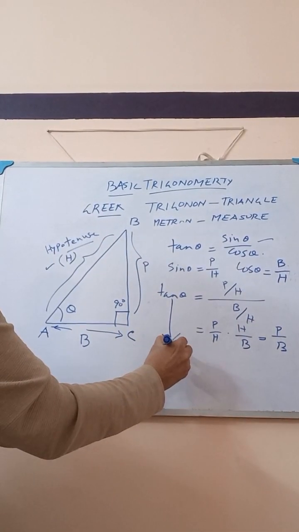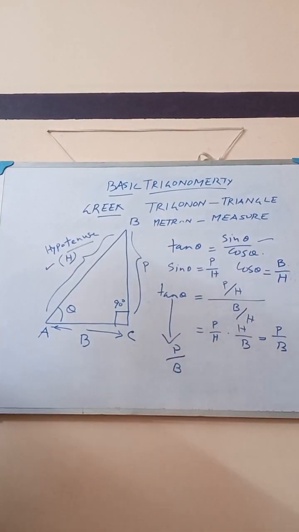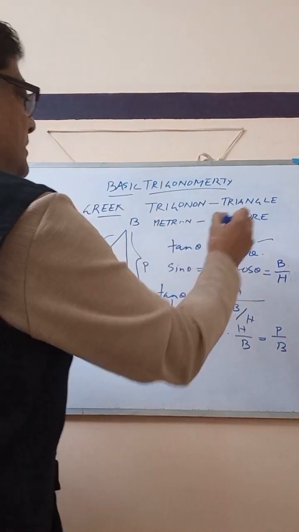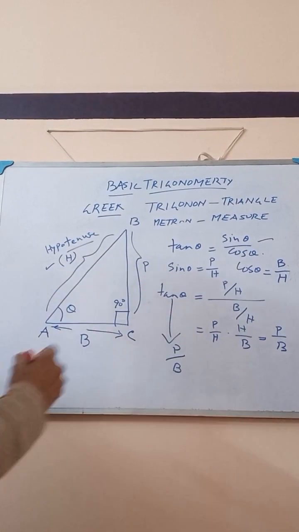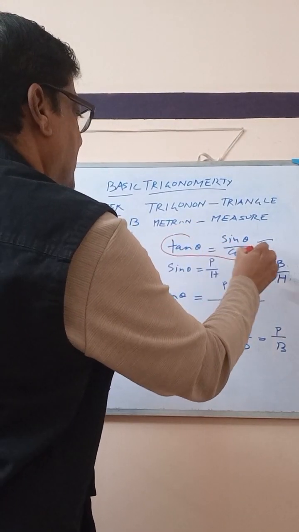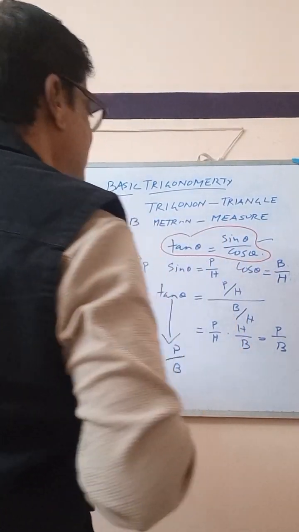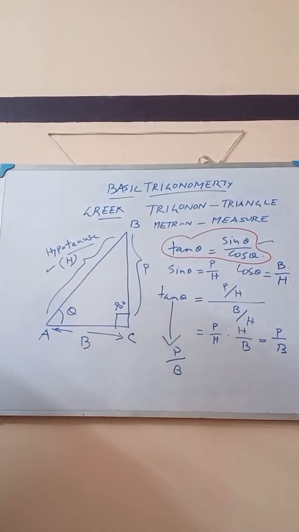Turns permanently black. So this is one equation that we have to remember: tan theta is equal to sin theta by cos theta.